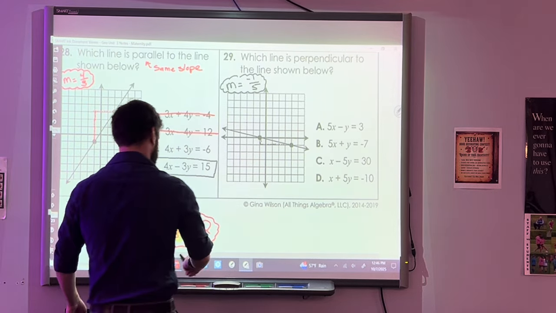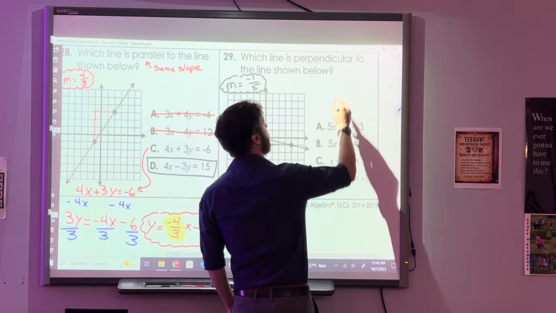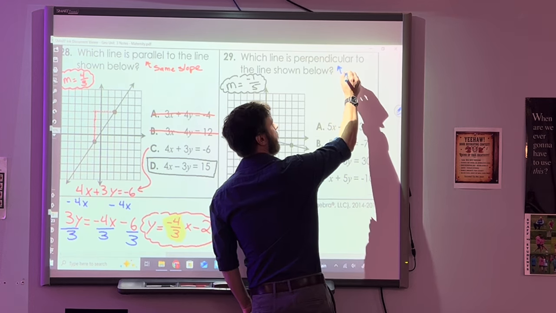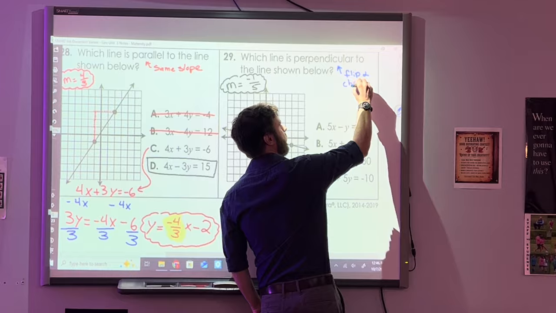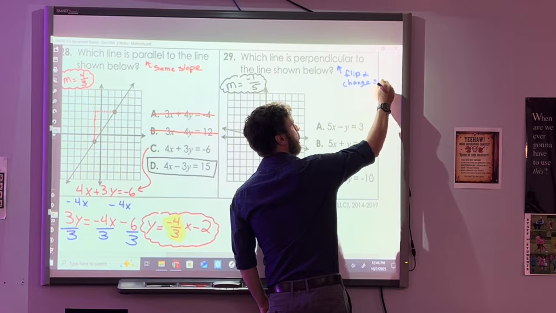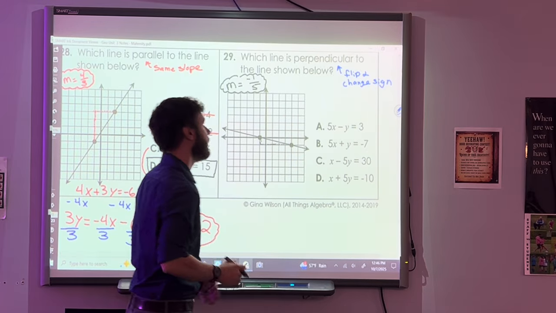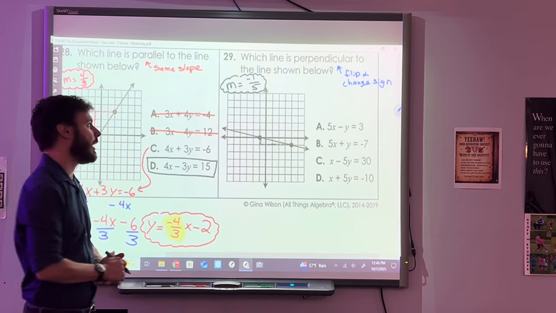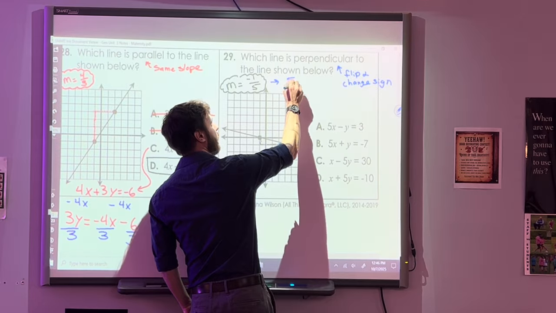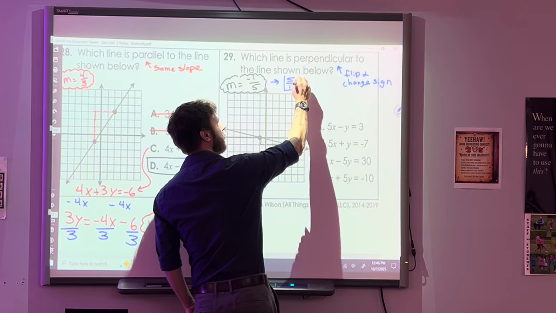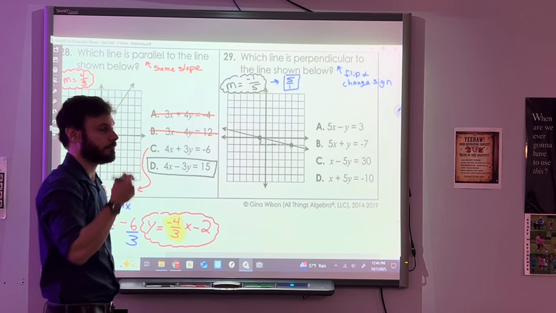But right here, it says it wants a perpendicular. So I need to flip and change sign. So instead of negative 1 over 5, we want a positive 5 over 1. That's the slope that we want.